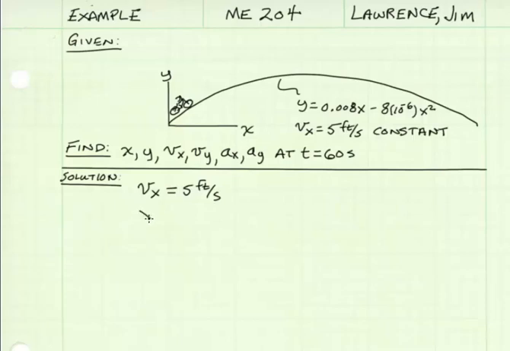So I can represent my position x as being equal to my initial position, which is 0, plus my initial velocity times the time, 5t, plus 1/2 my acceleration, which in this case, if I've got a constant velocity, is 0, times the time squared. So this term will drop out, that term will drop out, and my x position is equal to 5 times the time.